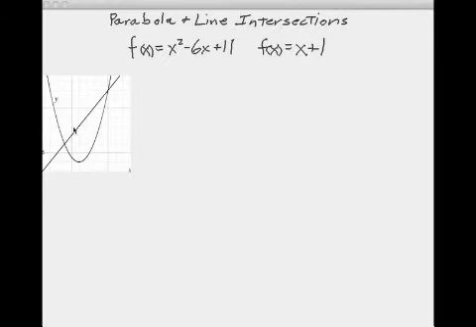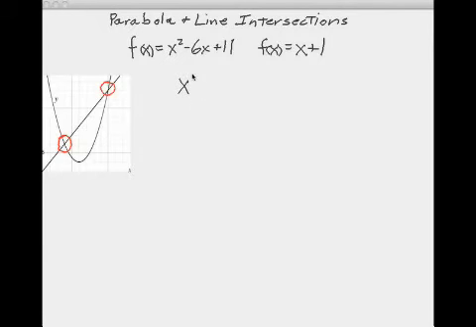Now using the grapher, here's my parabola, x squared minus 6x plus 11. Here's my line, x plus 1. And you can see that this is one of those cases where the line and the parabola intersect in two different spots. So let's see if we can figure out what those spots are.